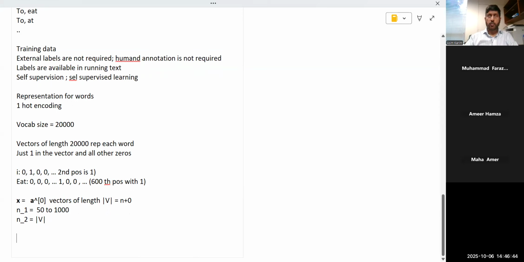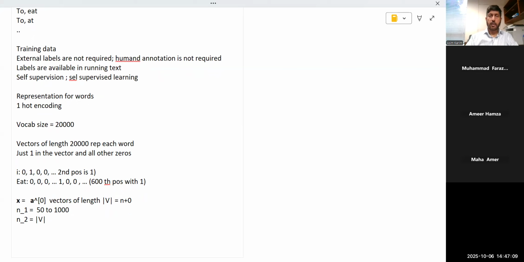So we already know the equation for such networks. So input to hidden layer to output layer. Okay? So we discussed this last time. So let me write the general equation and then I'll talk about the two parameter matrices.